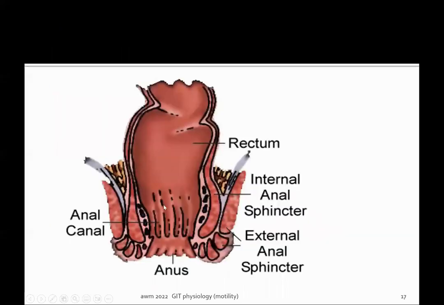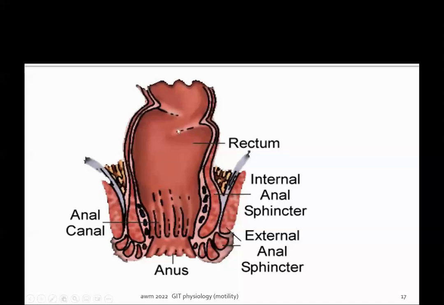And this is just to show you a picture to remind you of the anatomy of the anal sphincters. And you can see here that the sphincters are actually at the same place. The internal sphincter is internal, and it is surrounded by the external anal sphincter, which is made up of skeletal muscle.